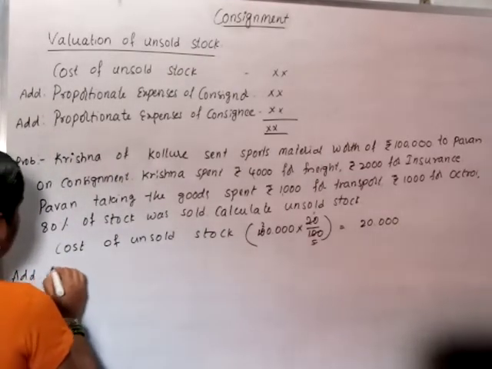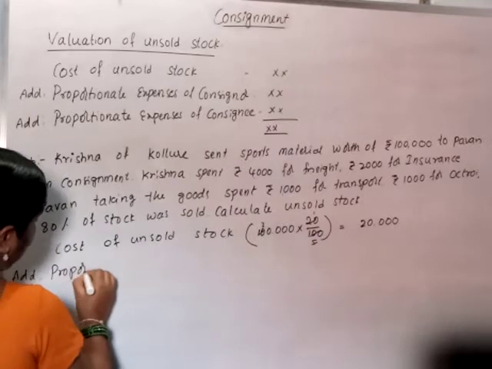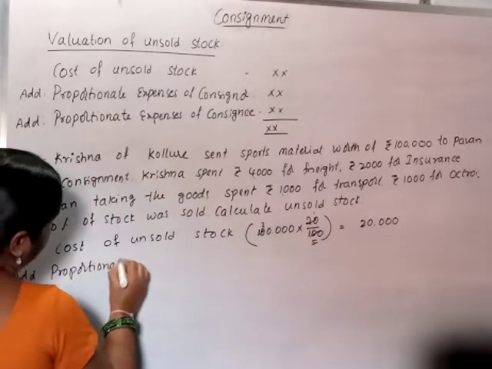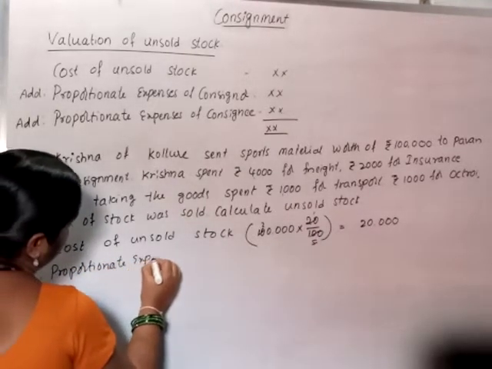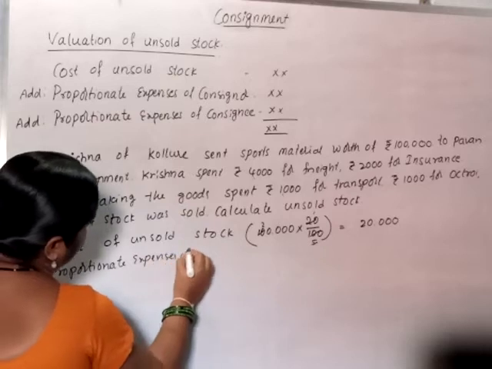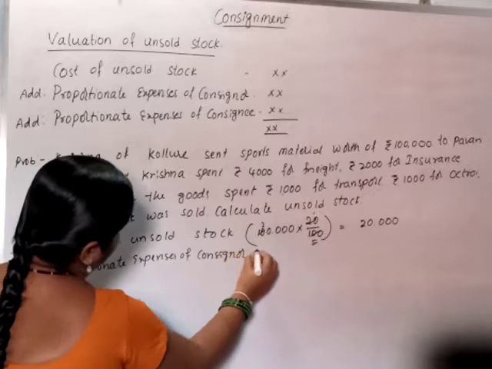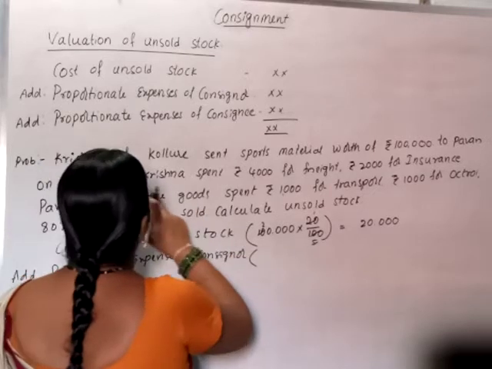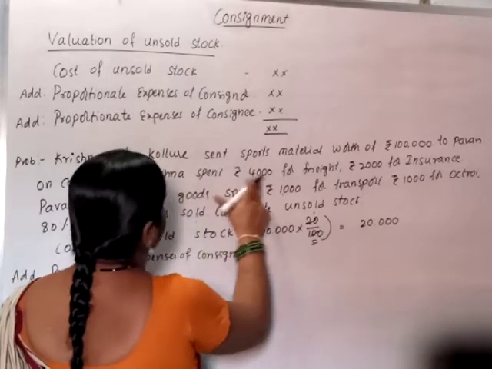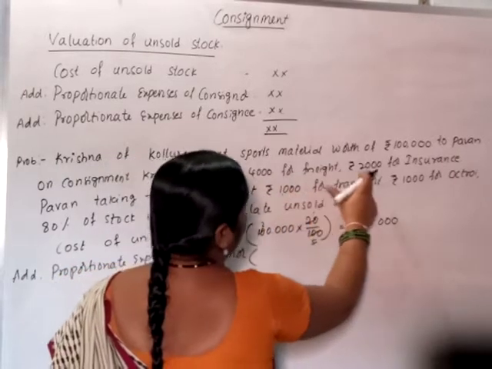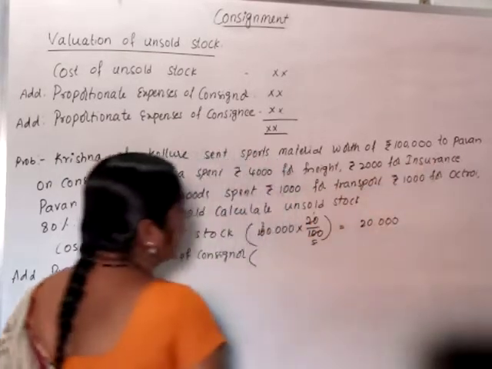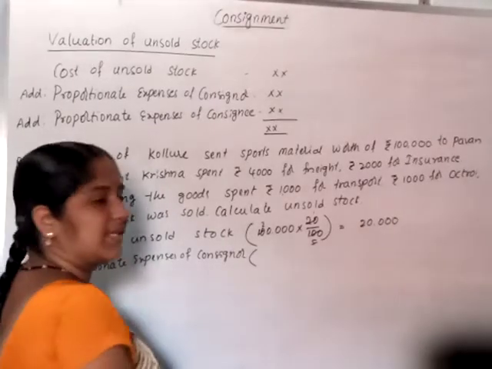And to this we have to add proportionate expenditure of the consignor. All the expenditure of the consignor we should consider. Consignor Krishna spent 4,000 for the freight and 2,000 for the insurance. So total expenditure is 6,000.